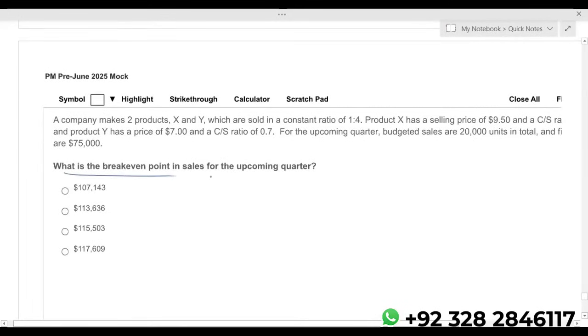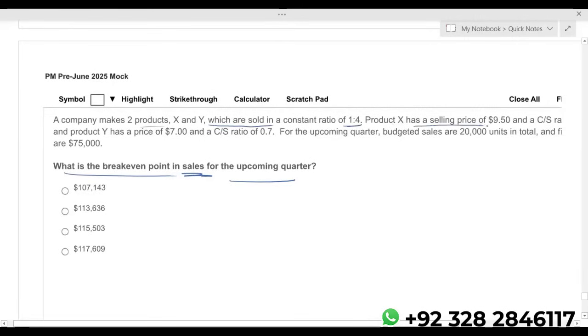What is the break-even point in sales? Okay, that's very important, student. You have to read the question properly. They're not asking break-even point in units. They're asking in terms of revenue for the upcoming quarter. A company makes 2 products. When there are more than 1 products, you should be thinking for weighted average CS ratios and something like that, which are sold at a constant ratio 1:4.